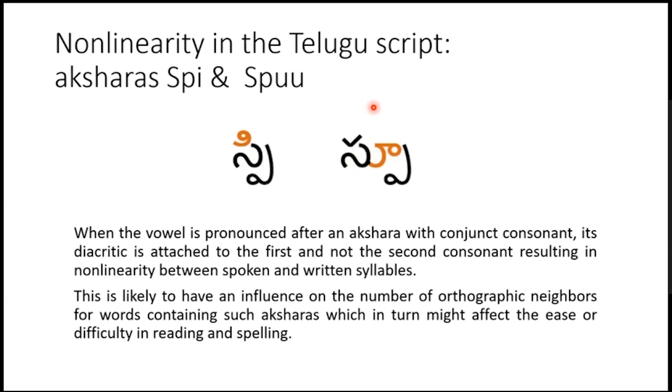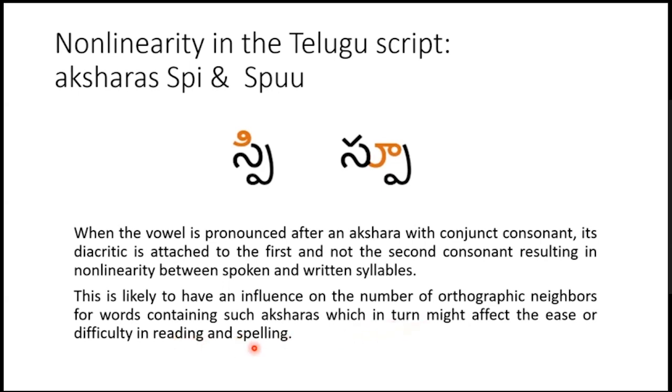Also, the O comes at Z position. Therefore, visuospatially, it takes up longer space. This non-linearity, which applies to some of the conjunct consonants, we feel might affect the number of orthographic neighbors, as well as the difficulty in learning and reading and spelling Telugu.